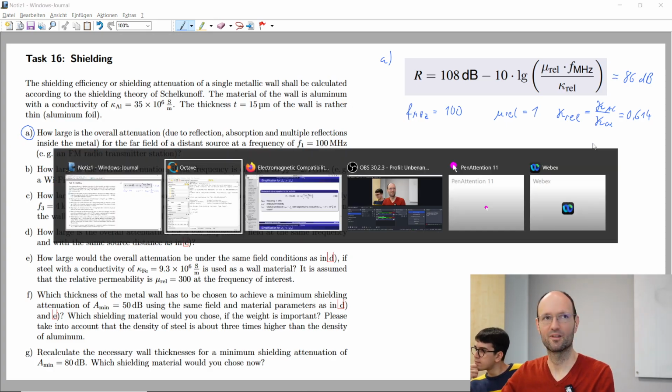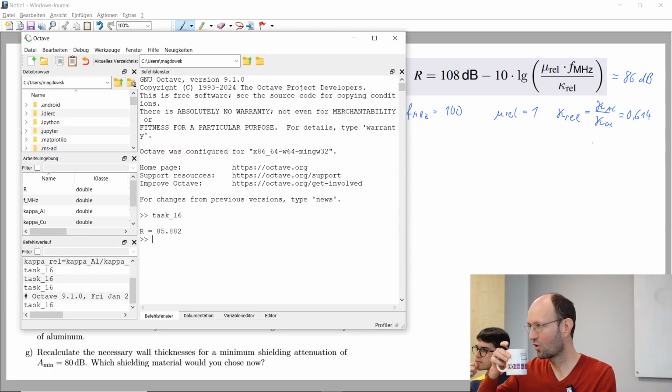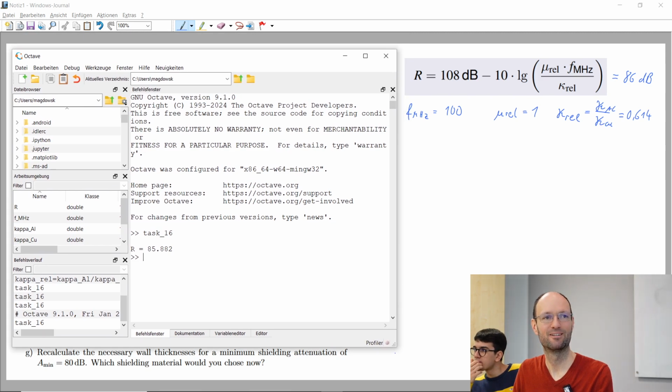So the Octave here is only for the calculation, or also to show how you calculate? Because if you do the calculation, we will only put the value. That's a good question.